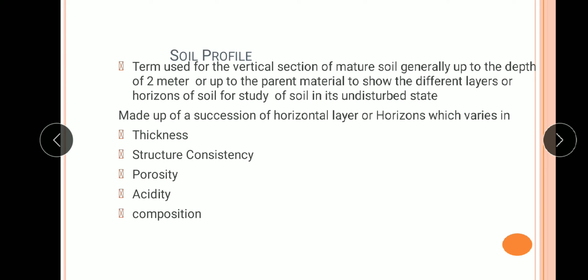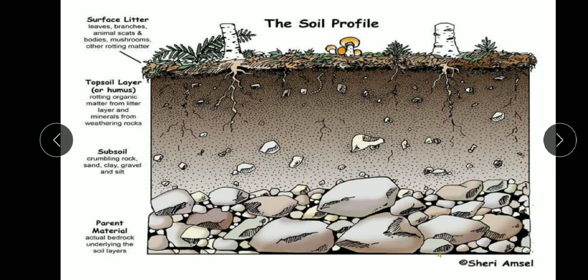It is made up of a succession of horizontal layers or horizons which vary in thickness, structure, consistency, porosity, acidity and composition. This is the picture of the soil profile.